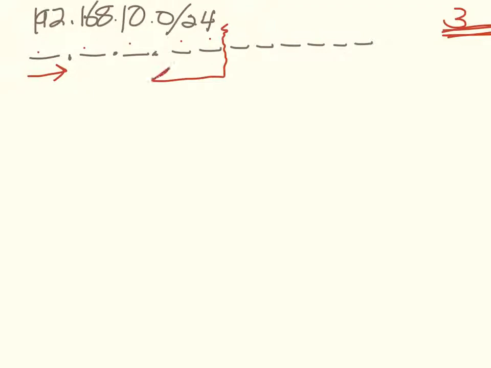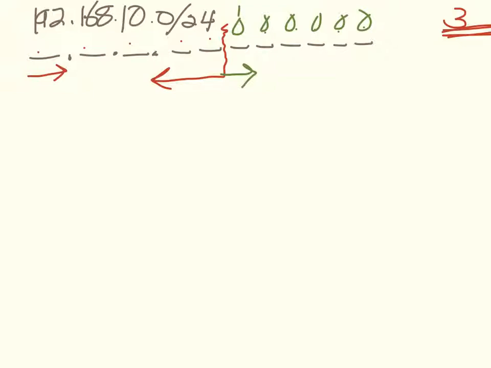So this is going to be the network, and this is going to be the host. In this case, we'll have how many? 1, 2, 3, 4, 5, 6. 2 to the 6th, 64. So we'd have 60 hosts. Remember, all zeros here would give me a network address.